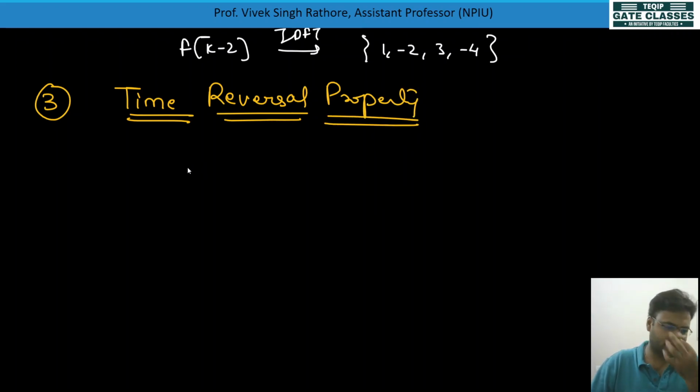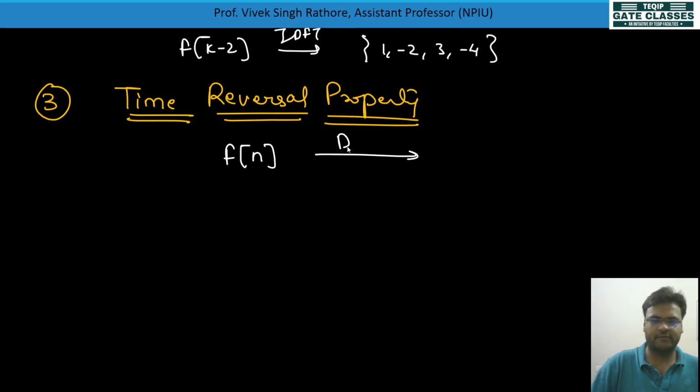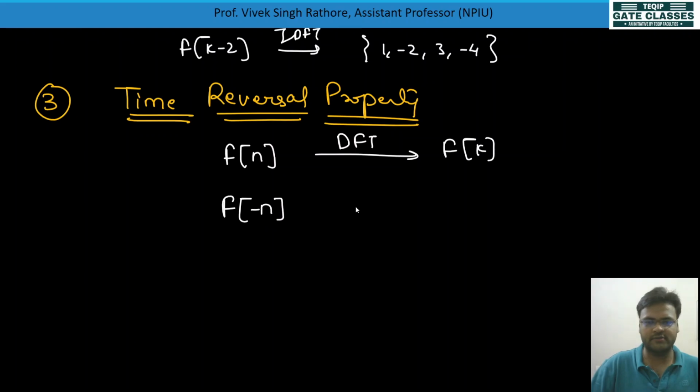Time reversal property says that if f of n has DFT f of k, and if we do f of minus n, what will happen in the DFT value?